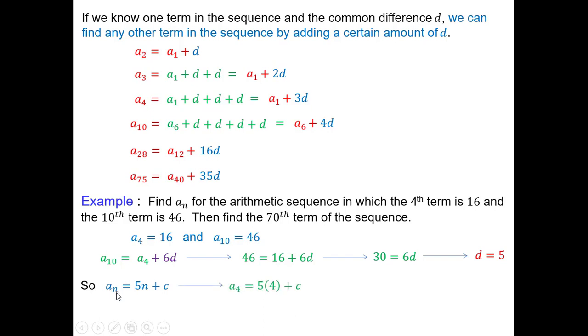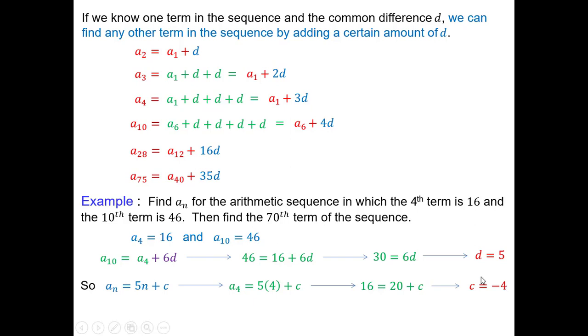So we get A sub 4 is equal to 5 times 4 plus c. But A4 is equal to 16, so why don't we replace that with 16 equals 20 plus c, and therefore the missing constant is negative 4. Now remember that negative 4 also represents what the 0 term is of this sequence.